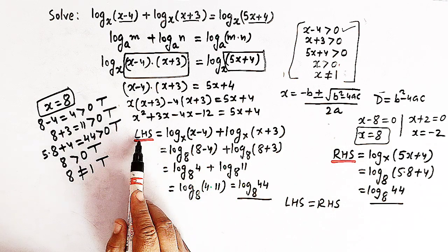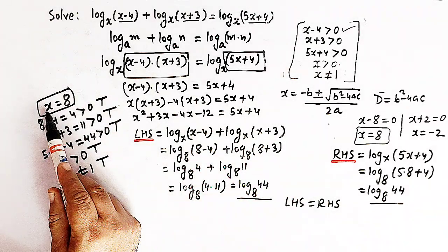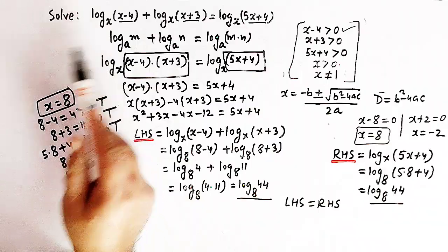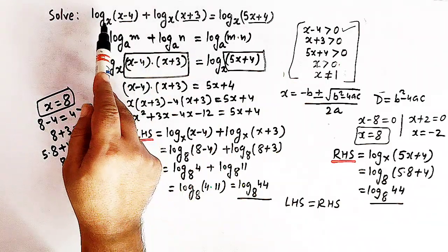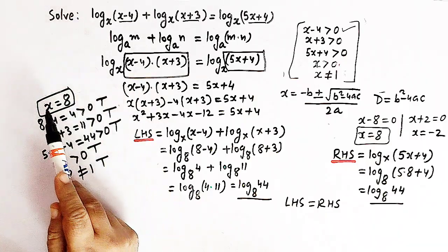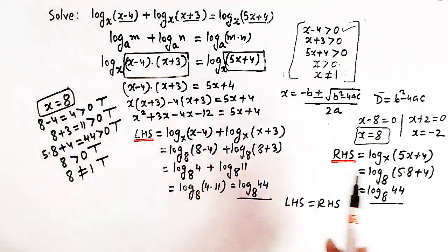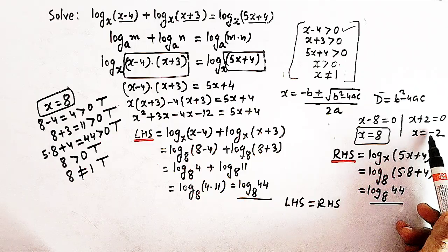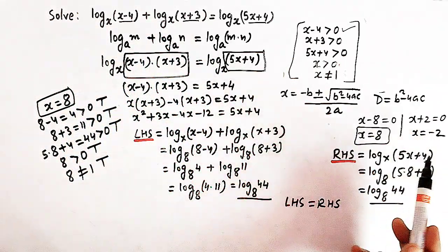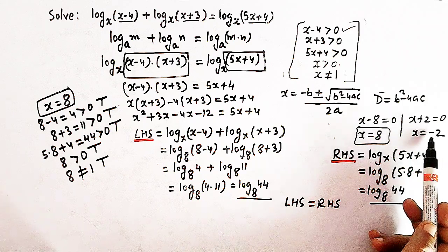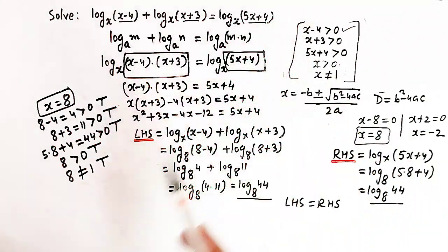So the left hand side is equal to the right hand side, and this confirms that x is equal to 8 is a solution of this logarithmic equation. So this equation has only one solution, that is x is equal to 8, and x is equal to minus 2 is not a solution of this equation, as this value of x does not satisfy these constraints.